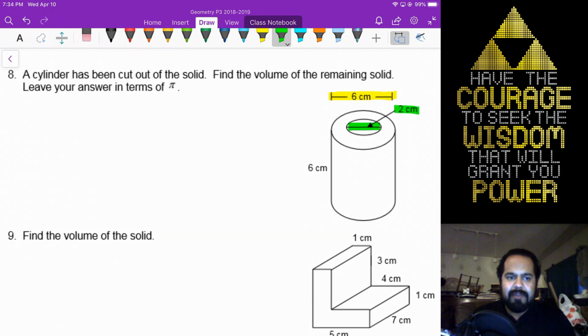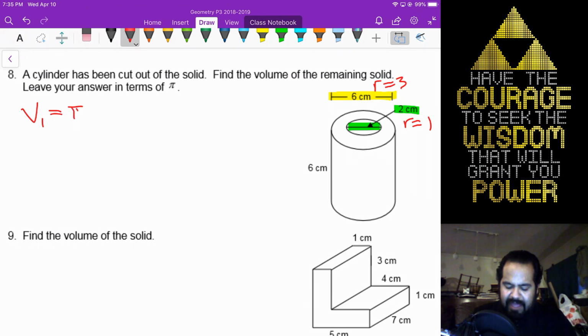I'm given the diameters on both of these, so my radius for this one is 3, and my radius for this one is 1. The height is going to be the same from both solids, so I don't have to worry about changing anything there. So I'm going to say volume 1, which will be my big solid.